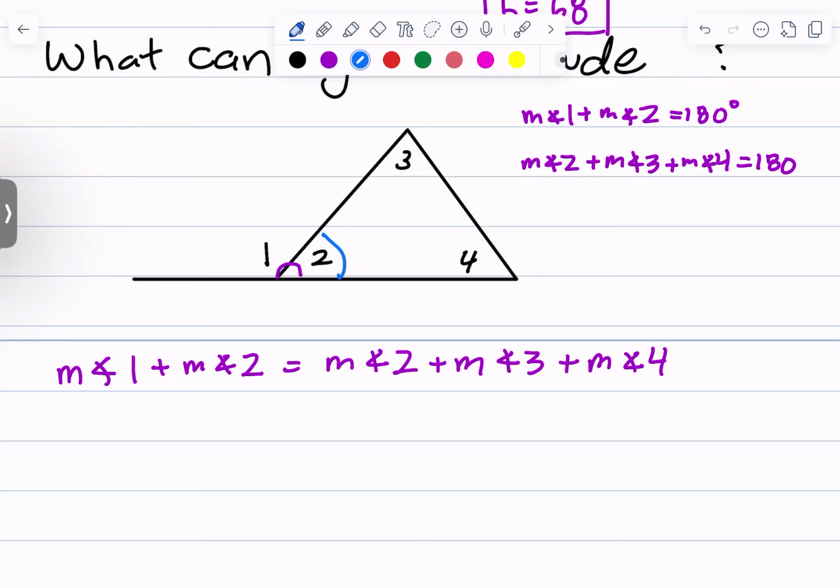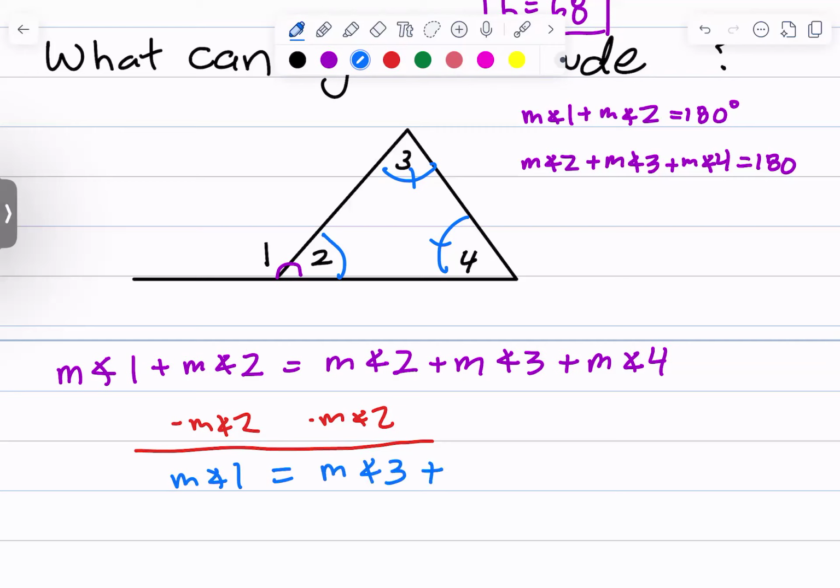And I know that angle 2 plus angle 3 plus angle 4 are also equal to 180 because they're interior angles of a triangle. So I set them equal to each other. Now I noticed that if I subtract measure of angle 2 from both sides, I would end up getting measure of angle 1 is equal to measure of angle 3 plus measure of angle 4. Okay? That make sense?